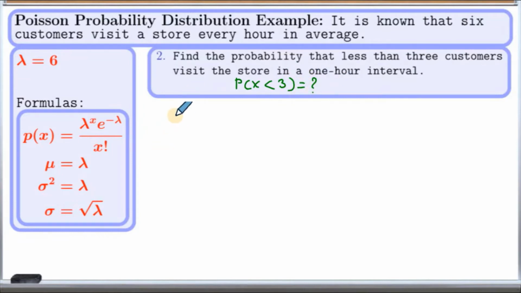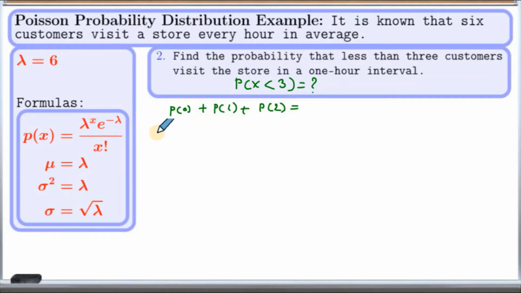For this, we can find probability of 0, probability of 1, and probability of 2, and add those together. Now let's find probability of 0, probability of 1, and probability of 2 using this formula here.